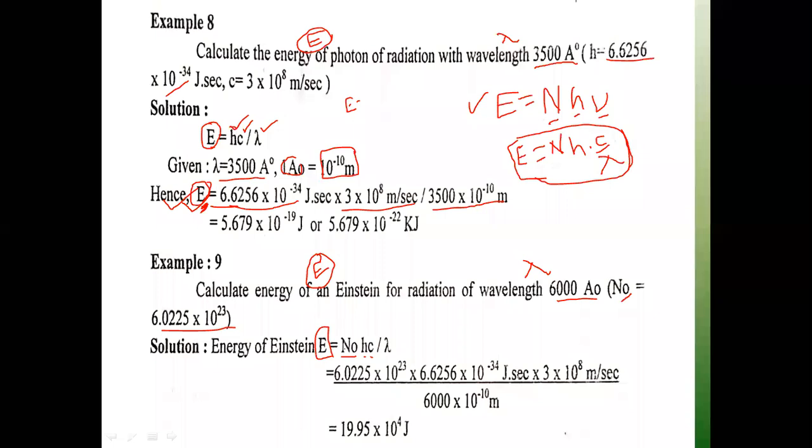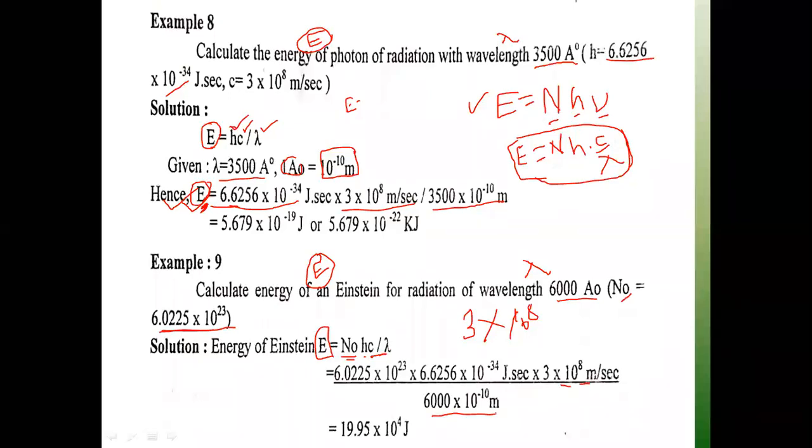The value of N is given: 6.0225 into 10 to the power 23. The value of h is also given; it is a constant, 6.625 into 10 to the power minus 34 joule second. The value of c is 3 into 10 to the power 8 meter per second.